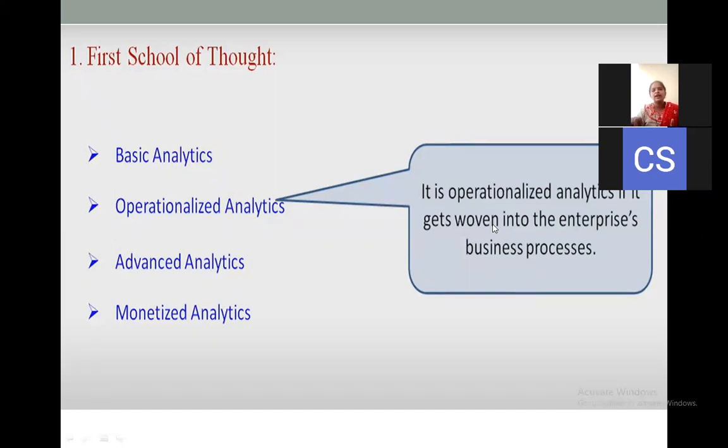Once you have analyzed all that, you find the better supplier, so you can place the raw material order with that particular supplier. So whatever operational, meaning business process related, activities are performed in an organization, for better decision making there is a need to perform operationalized analytics.